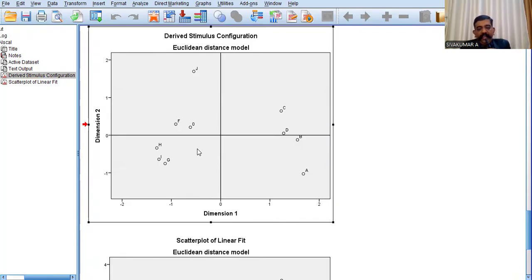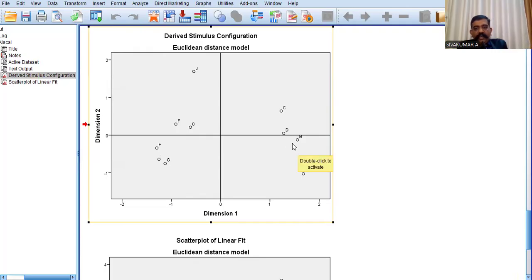One is the x-axis, second is the y-axis. Dimension 1 is horizontal, that is the x-axis. Dimension 2 is the y-axis. Here you can see D and B. Those objects are closer with respect to dimension 1.